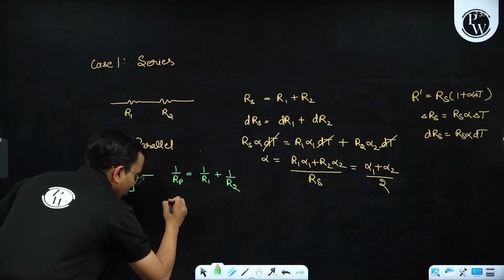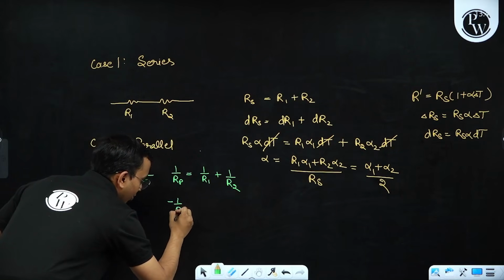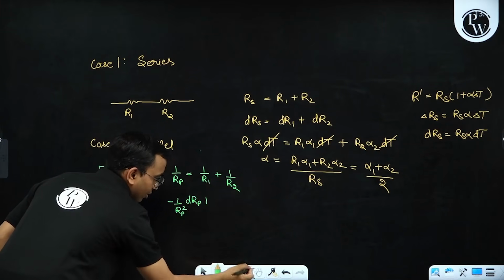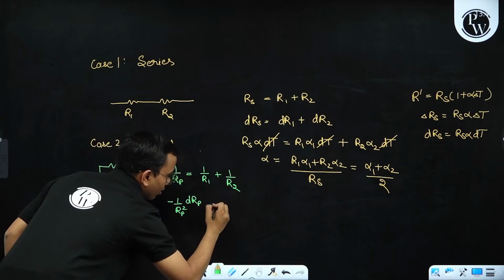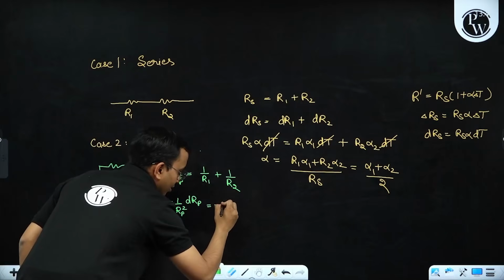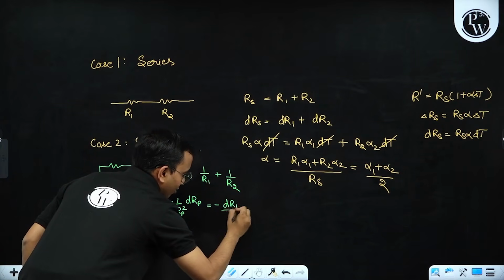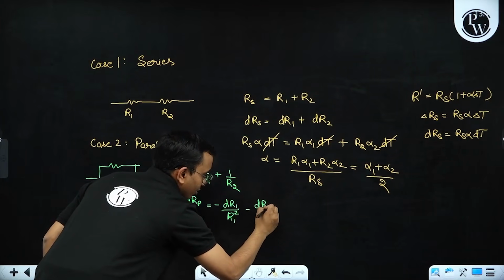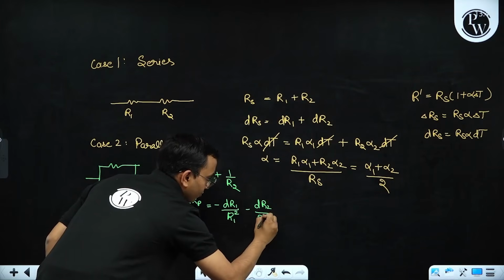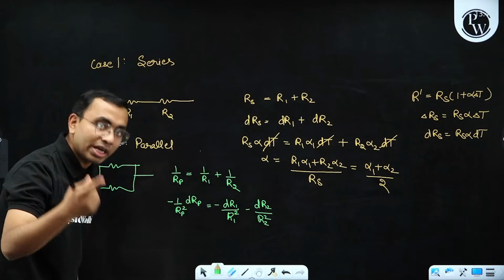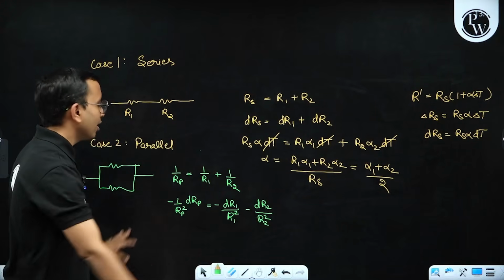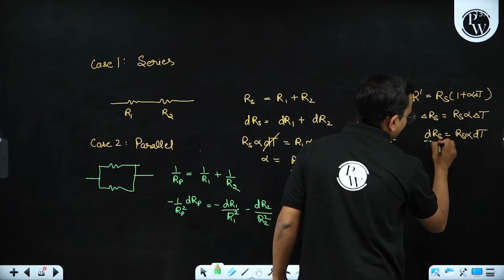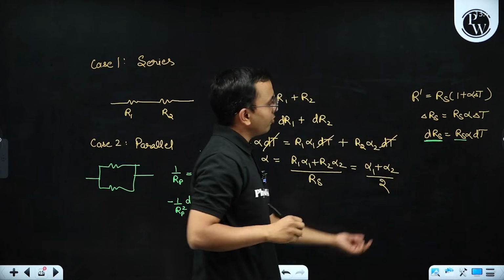Differentiate it. So this will become minus 1 by R parallel square into dR parallel equals minus dR1 by R1 square minus dR2 by R2 square. You know the differentiation of 1 by x is minus 1 by x square. Therefore, I am writing it like this. The minus sign will get cancelled. Now dR1 by R1, dRs by Rs, what will it be?